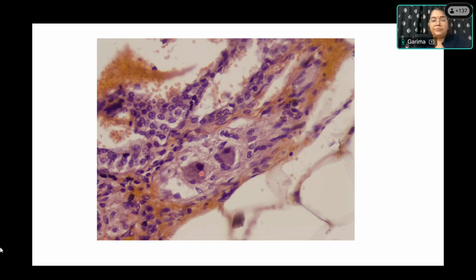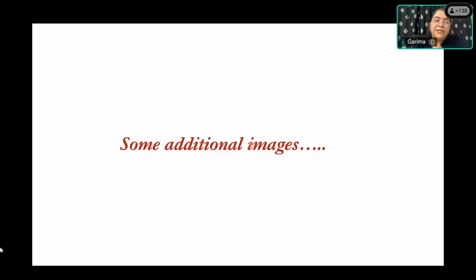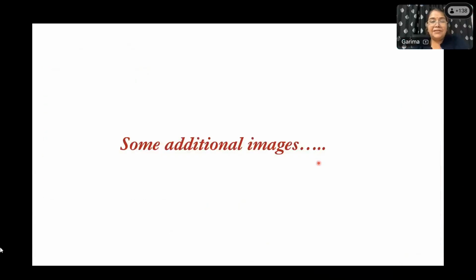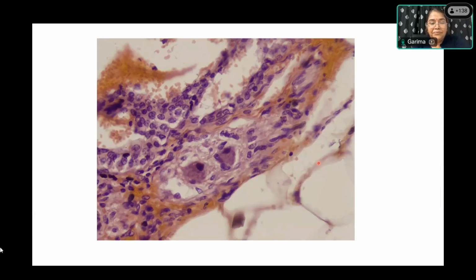It's a ganglioneuroma. But if you say it is a ganglioneuroma, what about this tumor which you are seeing? Can you make a fusion of these things? You have a tumor showing the presence of some nerves, some ganglion cells, some neural structures, and you are seeing a neuroendocrine tumor.